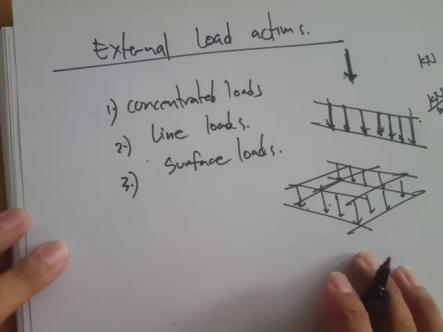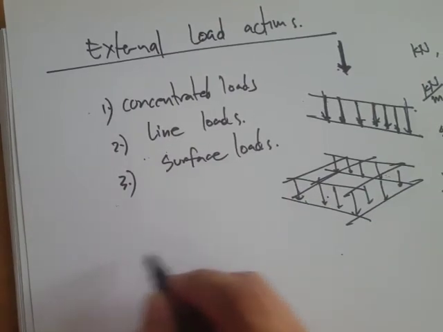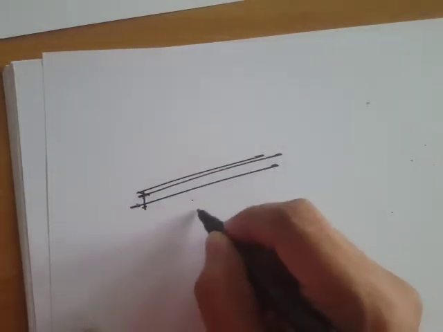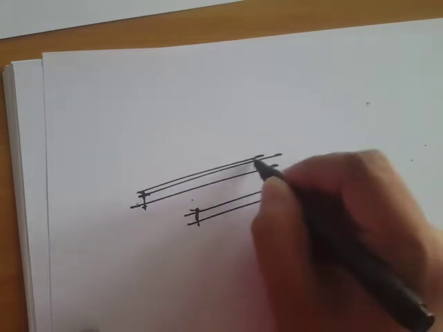Okay, so where do we find these concentrated loads? Concentrated loads can be found in, for example, a girder, from the reactions of the beams on the girders.